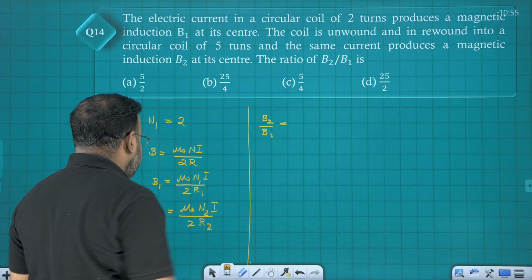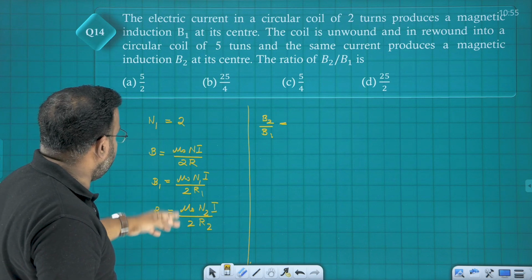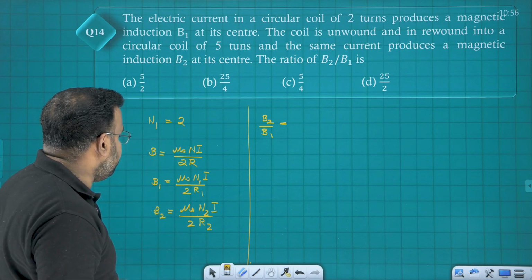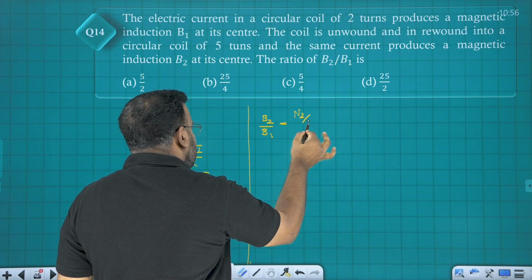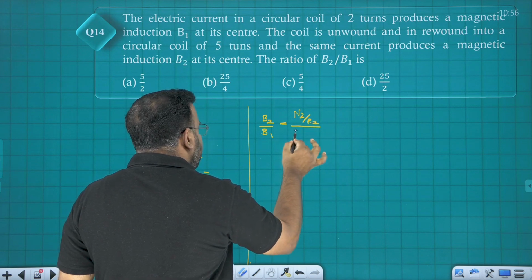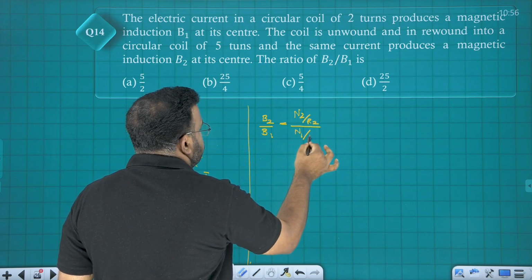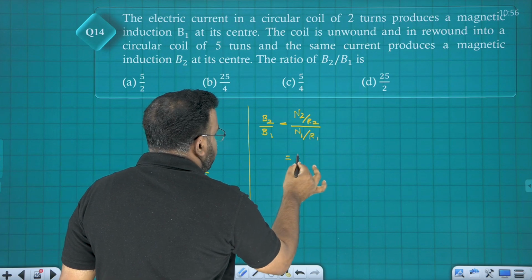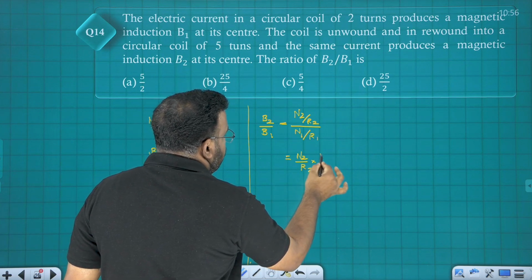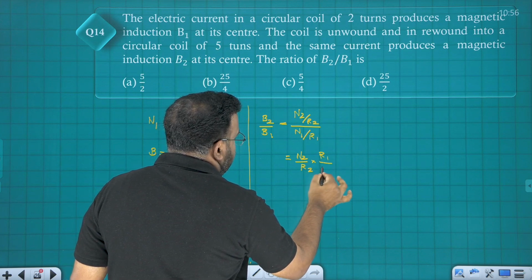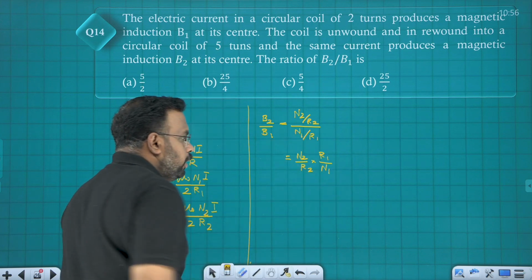Mu naught by 2 will be cancelled in both, and I will be cancelled. So we get N2 by R2 divided by N1 by R1, which is equal to N2 by R2 into R1 by N1.